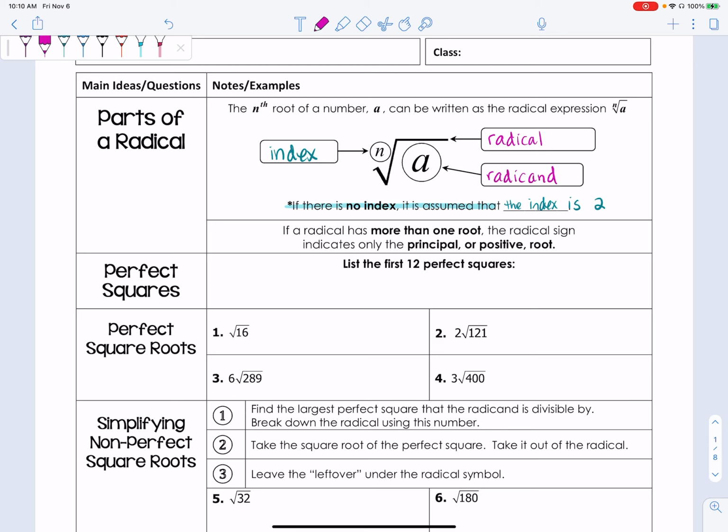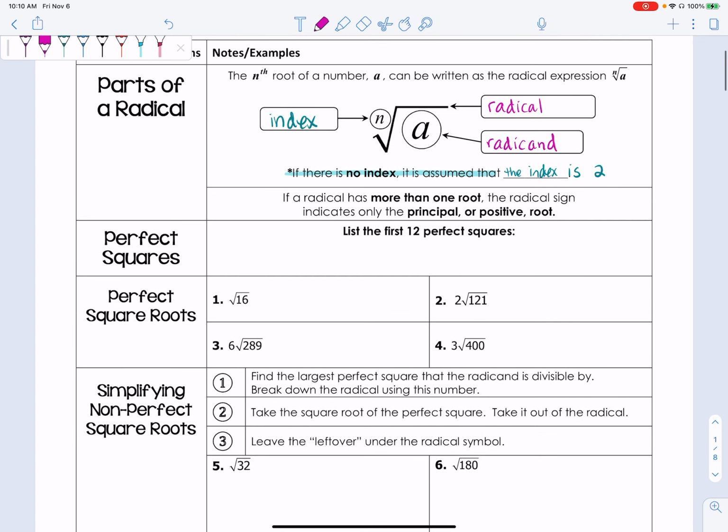So when we are talking about simplifying radicals, we do want to remember our perfect squares.